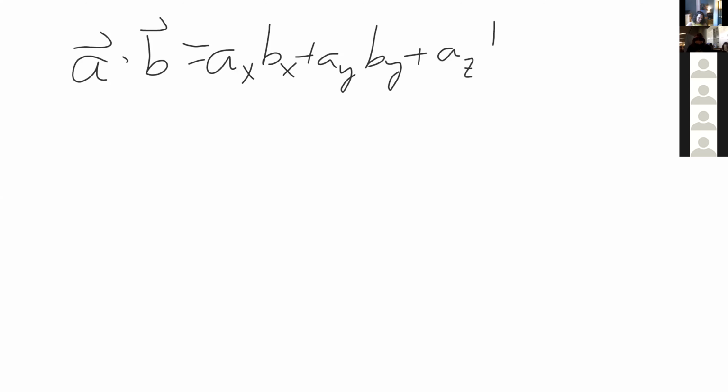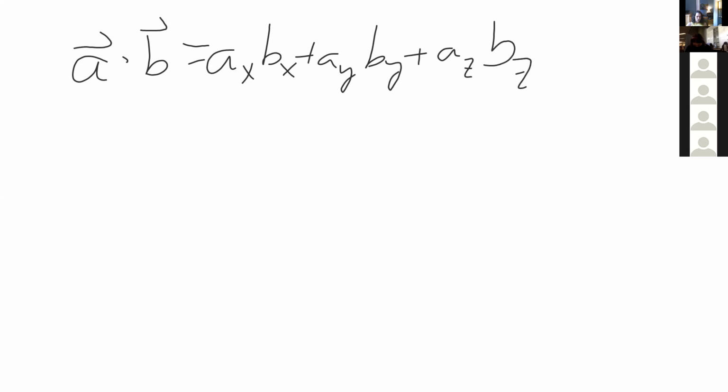So the dot product is probably the first one that you would instinctually try, which is if I want to multiply two vectors together, I just multiply their x's and their y's and their z's, right? So if you want to do a dot b, for instance, you would do ax times bx plus ay times by plus az times bz.